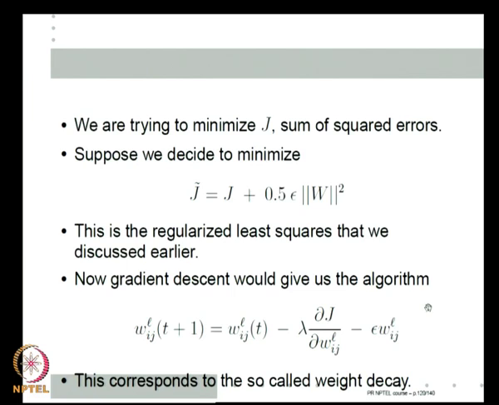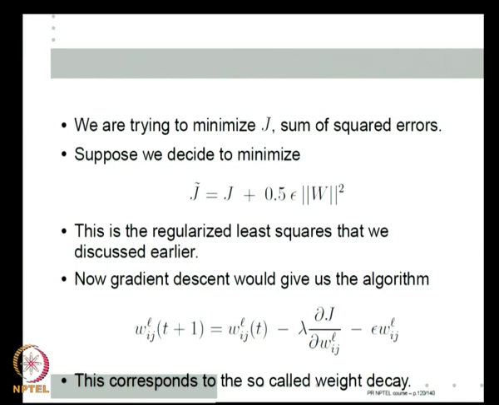So, essentially weight decay is the same as doing gradient descent on not just the sum of squares of errors, but the sum of squares of errors plus a regularization term, where epsilon now plays the role of the regularization constant. Okay.